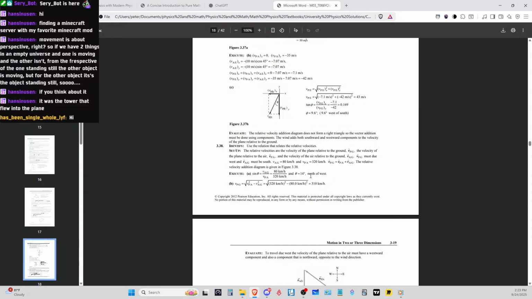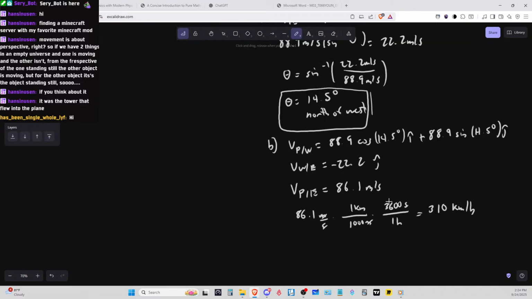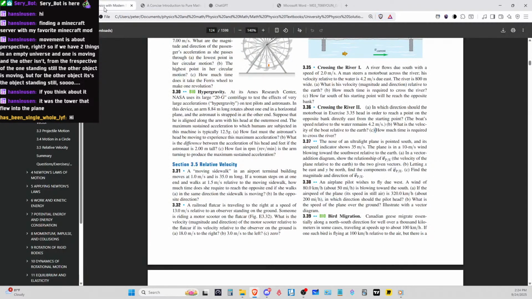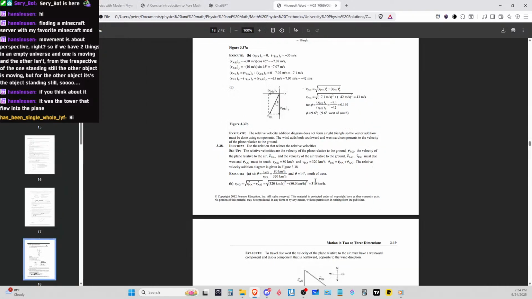Set up the equation. Okay. I mean, they kept the units the way they were, so I think either way you're fine. Sine of 80. Okay, so our thought process was right. Okay. North of west, yes. Okay. And did we get the same answer? Yeah, we did. So what was the amount that they had? Was it just 14 degrees? Yeah, it was just 14 degrees, but we had 14.5, so it's pretty much close.